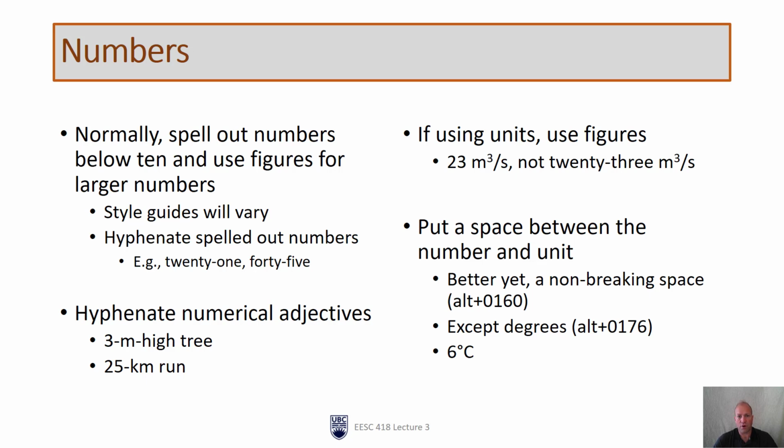You have to use your numeric keyboard. The numbers along the top of your keyboard will not work. A lot of people put a small letter O and then put a superscript on that O to turn it into a degree symbol. That doesn't work very well because sometimes the formatting gets lost and now it'll say 6OC. So use the proper symbol, Alt 0176, and that will give you a nice degree symbol.